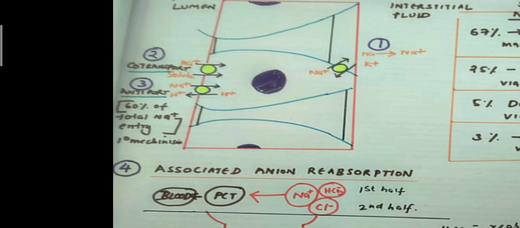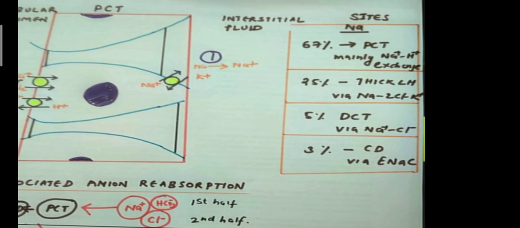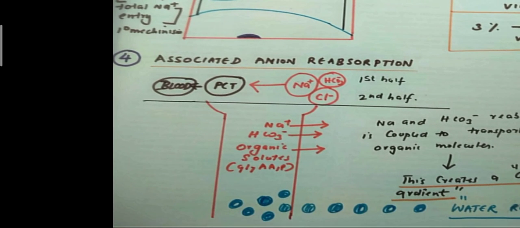And the second one, there is a sodium solute co-transporter present, and third one, there is a sodium hydrogen antiport present. 60% of the total sodium entry is through this transport, and that is the primary mechanism. And the fourth one is associated anion reabsorption.